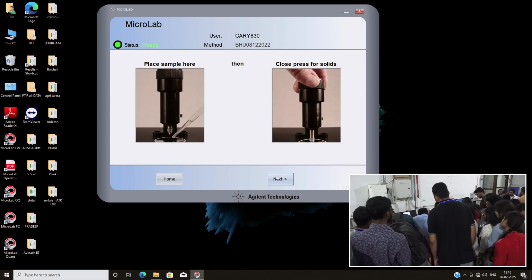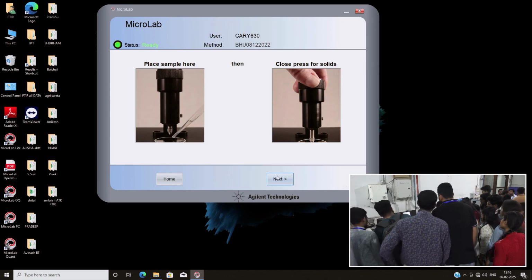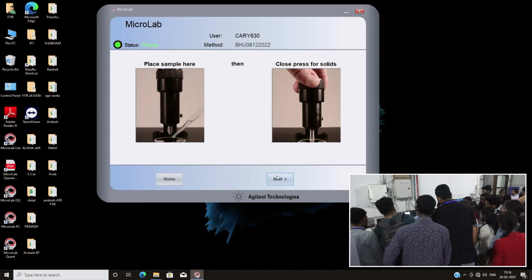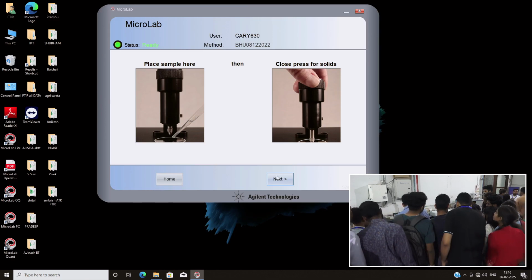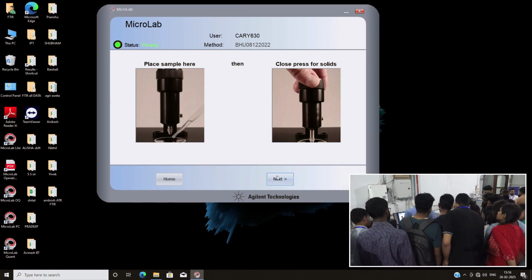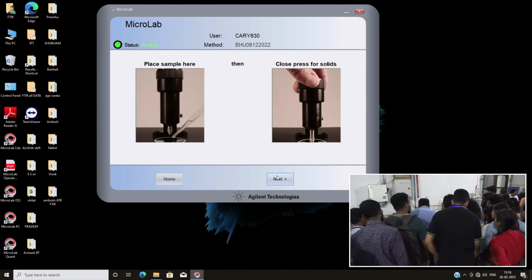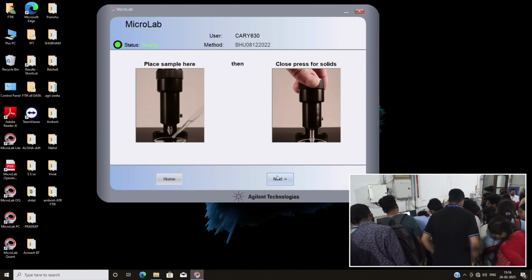Okay, please look. So 10 microliter of the water solvent is put on the crystal and fixed.